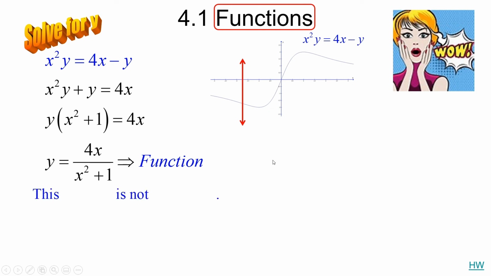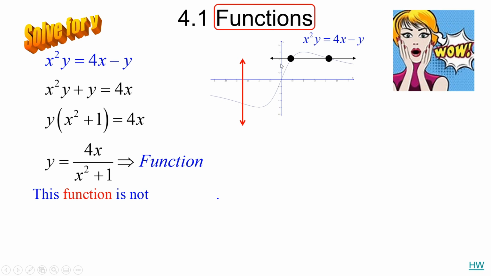Oh, by the way, I want to add something too. This function is not, and this is where we're going to go down the road a little bit, it's not one-to-one. And here's what I mean. We're going to have what's called a horizontal line test too. Now, do you see that this horizontal line crosses the graph at more than one point right there?